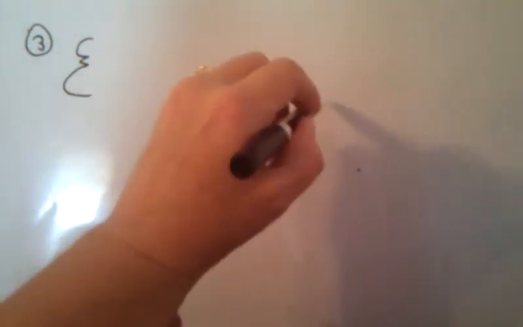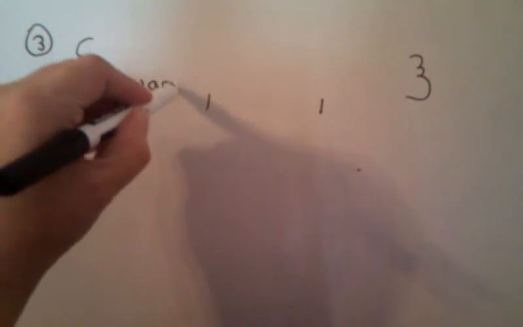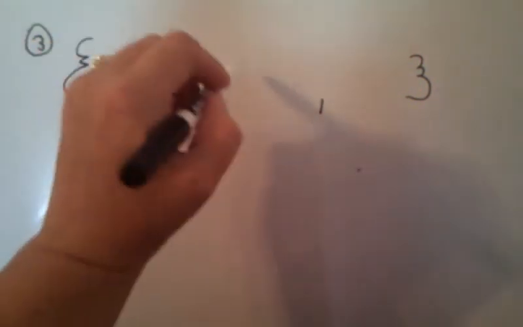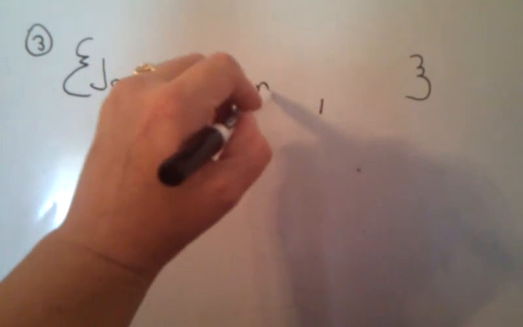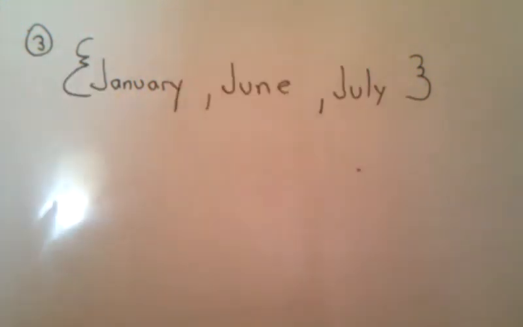And it shows me that there are 3. So I would say January, well, the very first one starts with the letter J. Okay. January, February, March, April, May, June. June starts with a J. And July. Okay?